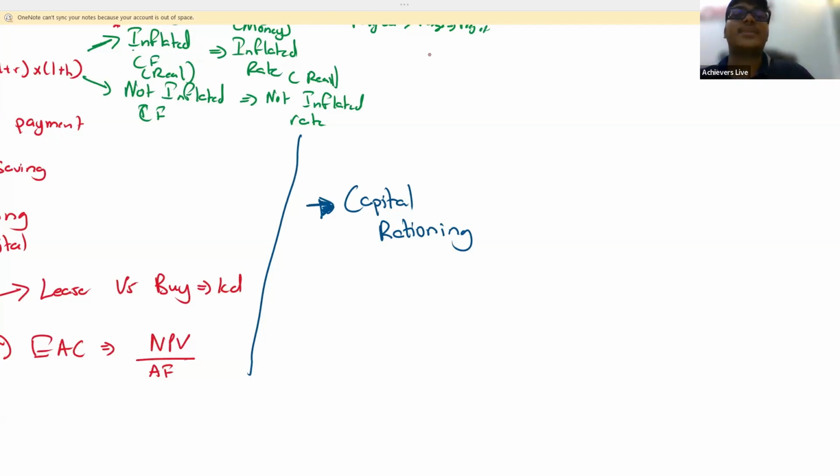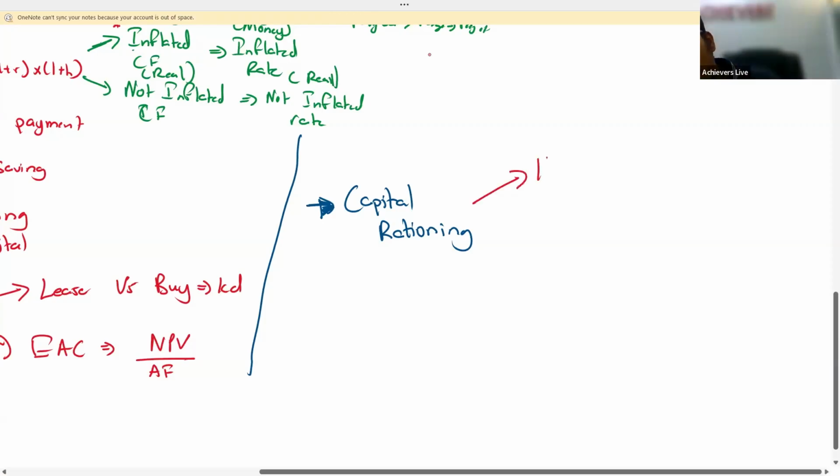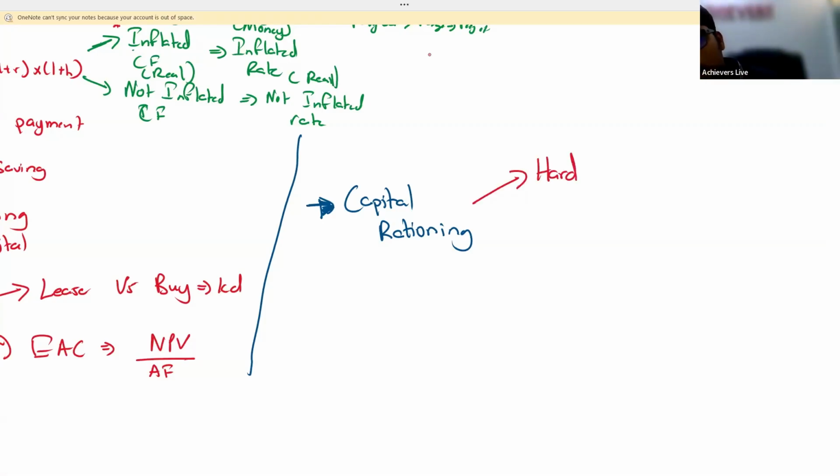So, there are two types of capital rationing. Hard capital rationing is what? Externally, your funds are being limited due to external reasons out of your control, outside the company. For example, economic conditions of the country, industry-wide factors, or a poor track record. Those are reasons.